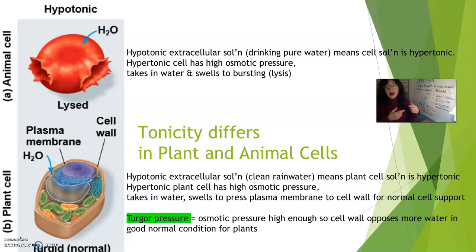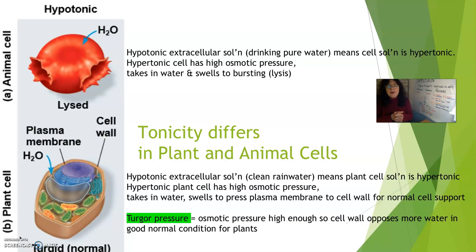Let's talk about a hypotonic environment for a red blood cell. So that means that there's a hypotonic extracellular solution. Maybe you drank an entire glass of pure water and now your cells are dealing with the influx of this pure water that has no solute in it.